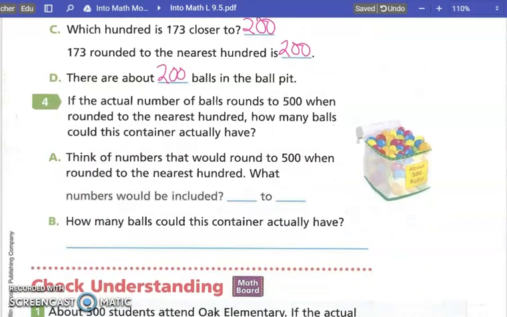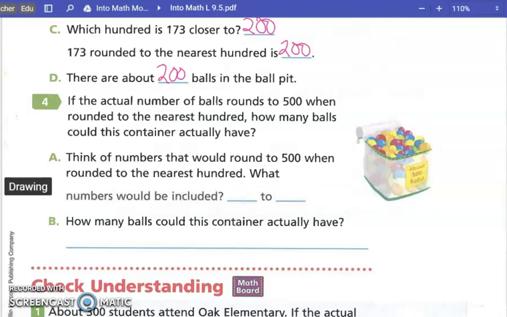If the actual number of balls rounds to 500 when rounded to the nearest hundred, how many balls could this container actually have? Think of numbers that would round to 500 when rounded to the nearest 100. What's the least number that could round to 500? 400. Well, no. 450.